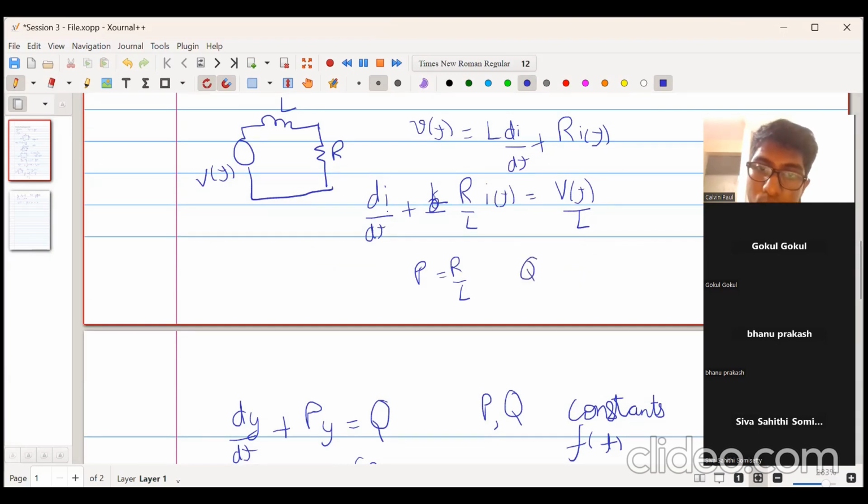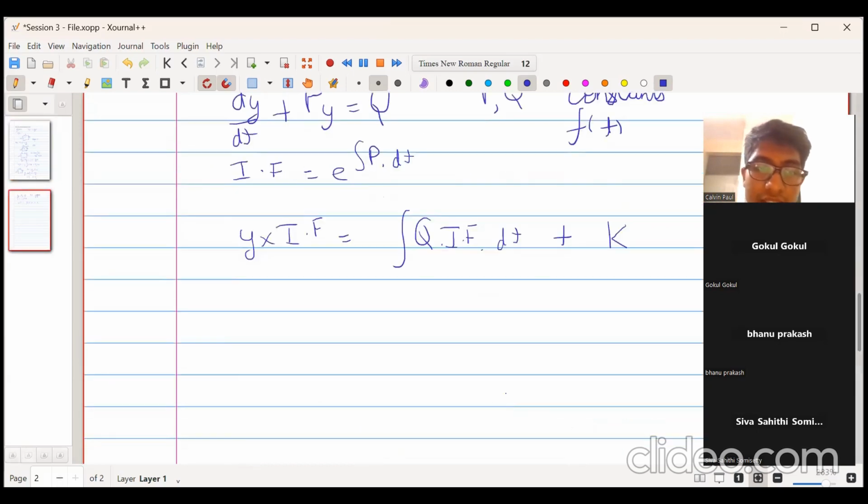And q is equal to V(t) upon L. So now we will write the integrating factor is equal to e raised to integration of R by L dt. So it will be e raised to Rt upon L. Okay, so we get it of this form.